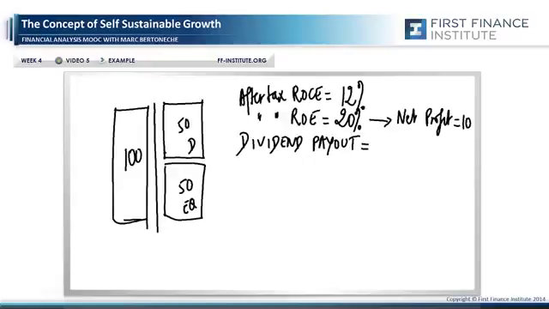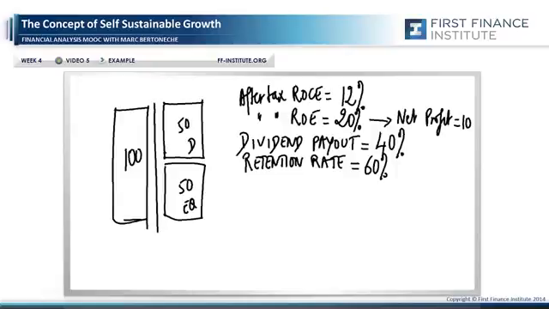Let's assume that the dividend payout ratio is, for example, 40%. Or if you prefer, some people will say that the retention rate, the proportion of profit that the company is keeping in the business is 60%. If you distribute 40 in dividend, you keep 60 in retained earnings.